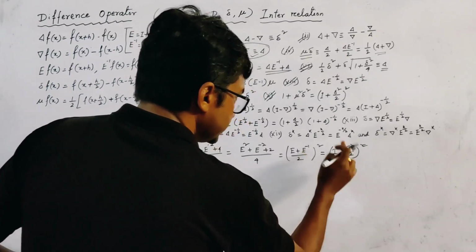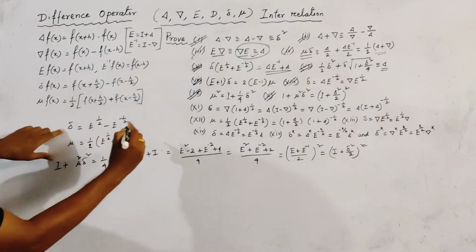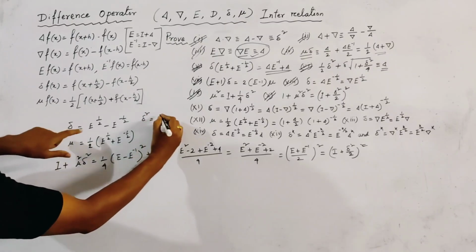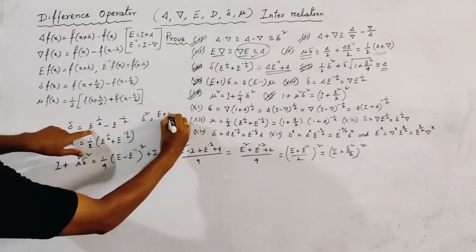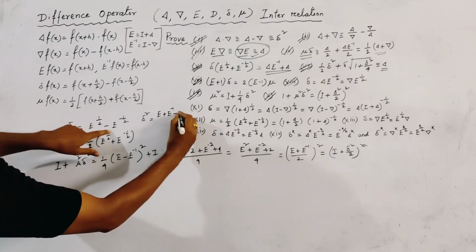Why do we write this? Because delta square is given by e plus e inverse minus 2.